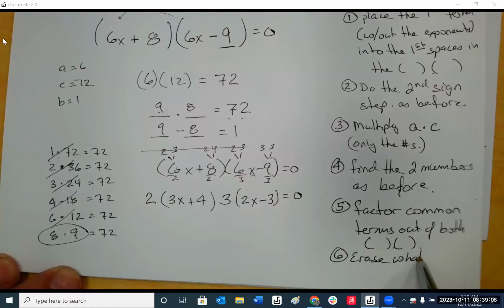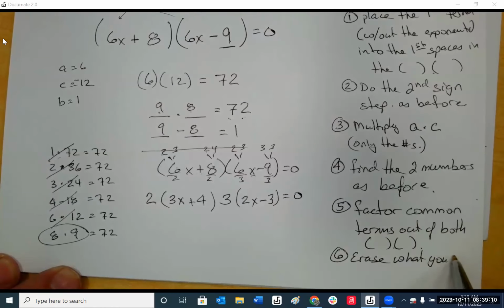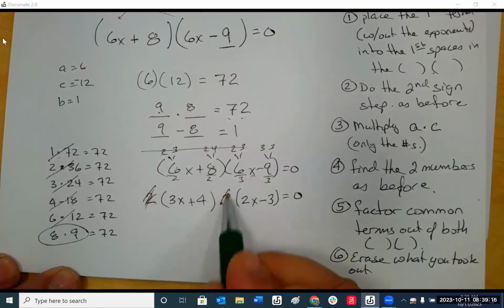Erase what you took out. Just get rid of them.